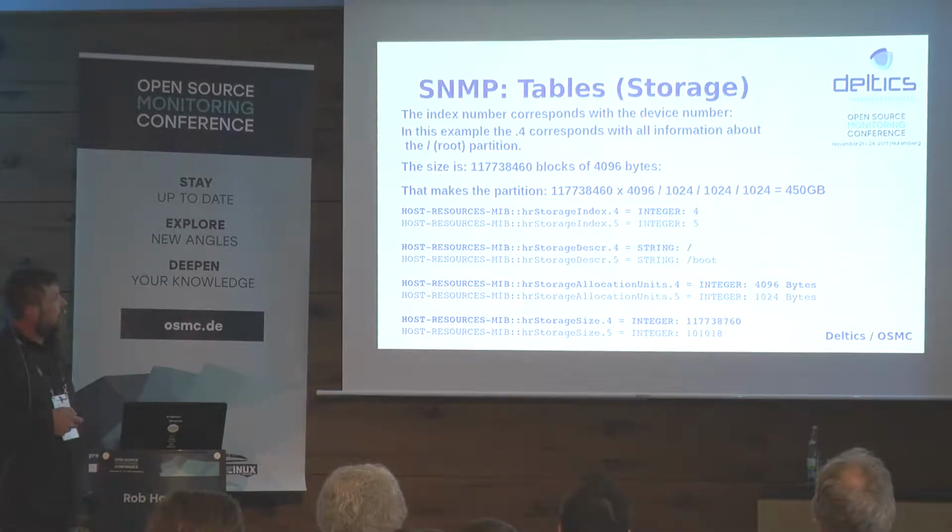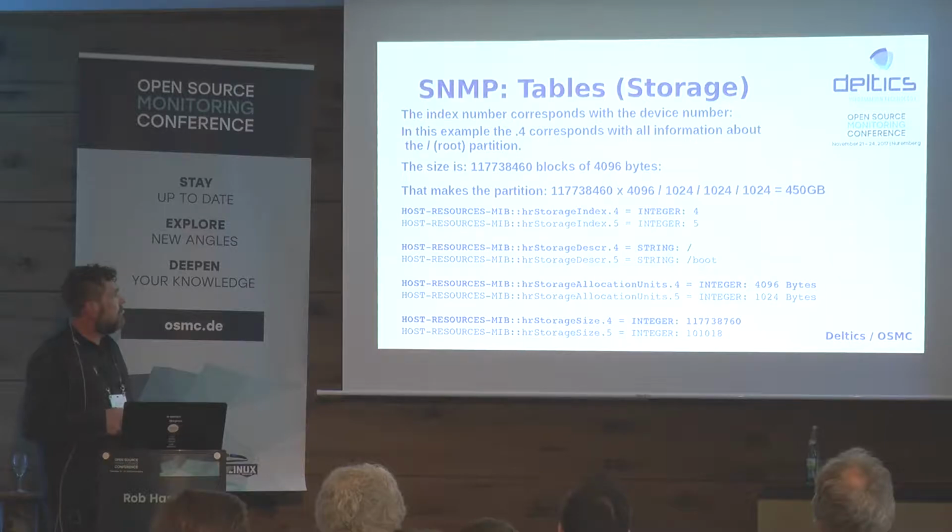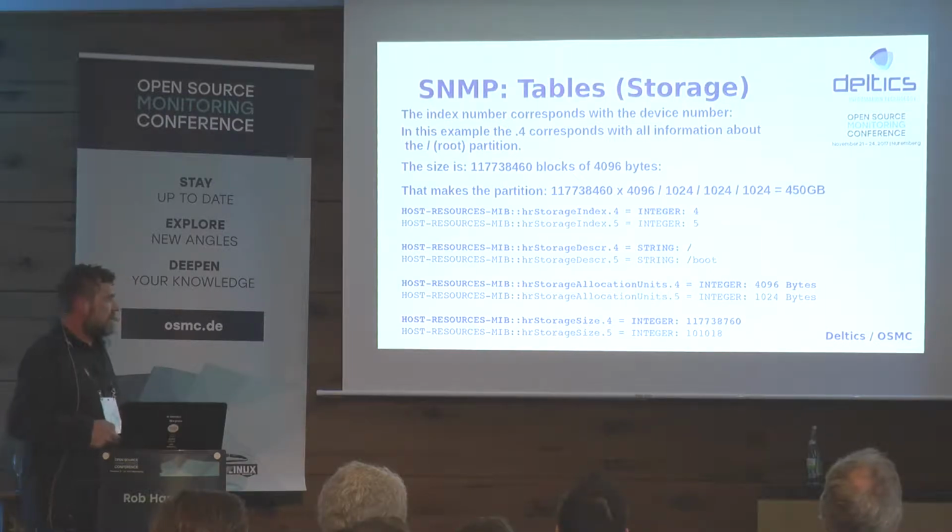Well, here I wanted to ask about the root partition. This device had a root partition, and it had the index number 4. So the bold part is the thing I really want to know. So you see its root, and you see its block size, and its storage size.